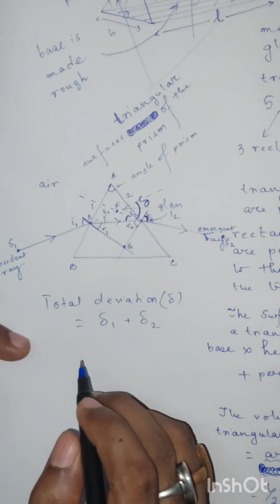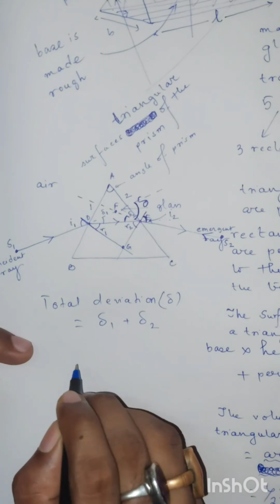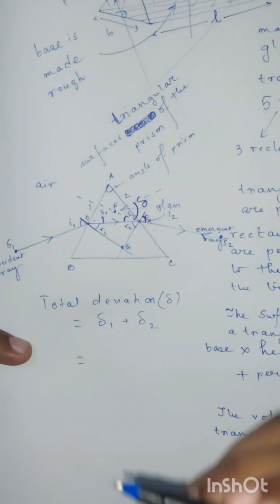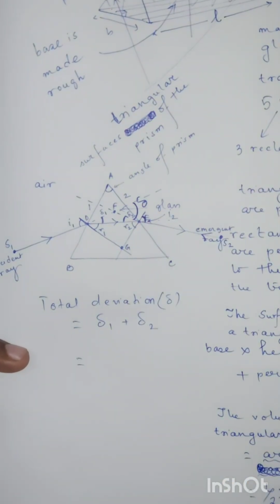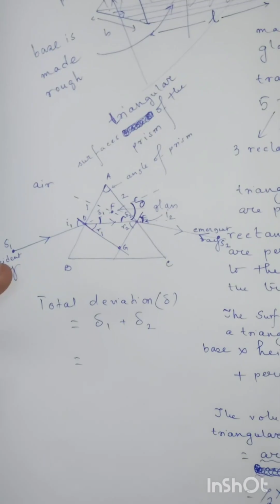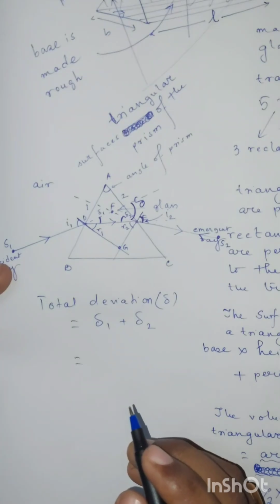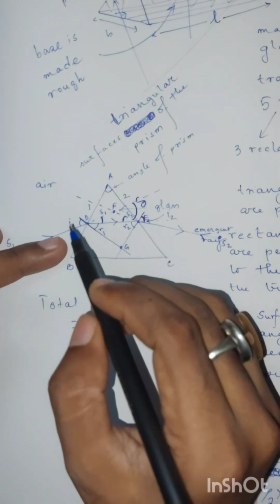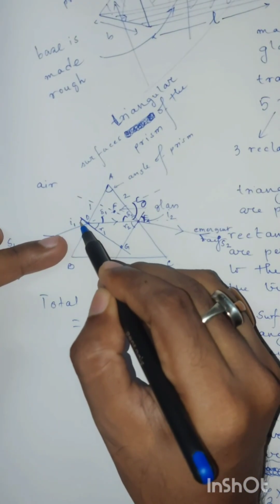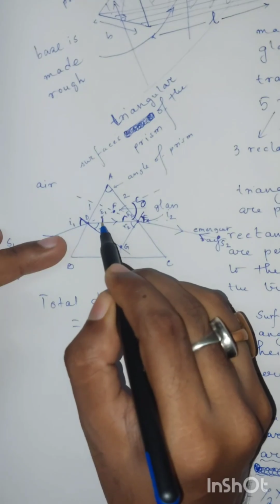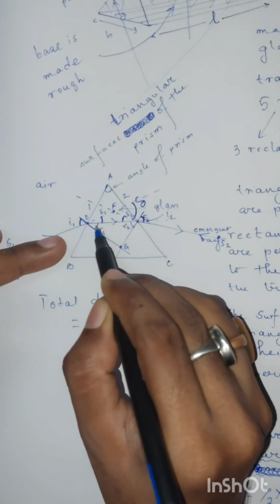Now we can write, in place of delta 1, see one thing, this angle and the total angle, these are vertically opposite angles.